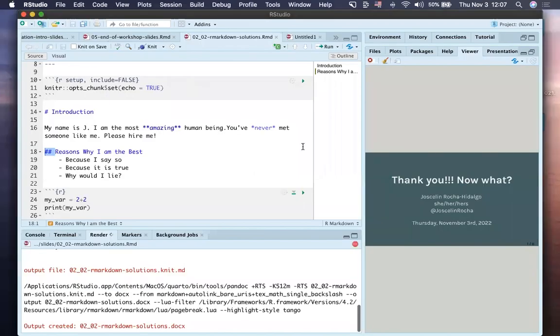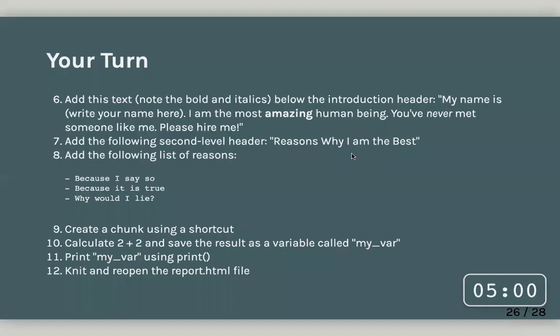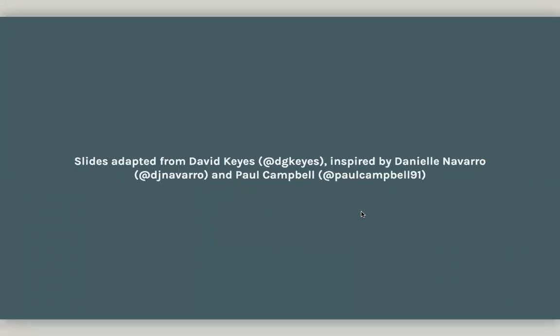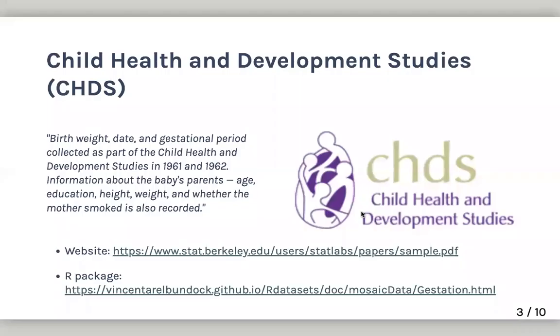Okay. My favorite part of teaching R is teaching data wrangling and going over the different ways that you can manipulate your data set. So today we're going to use the Child Health and Development Studies data set. That one collects the birth weight of the child, the date of birth, and the gestational period, collected as part of a study that was run in 1961 and 1962.